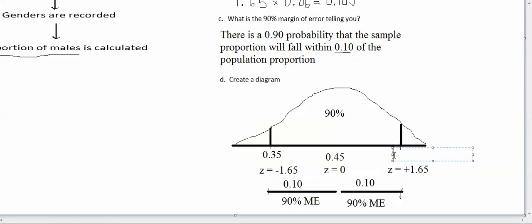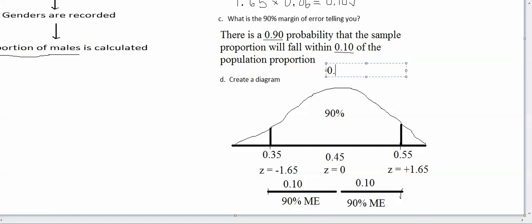That goes right here. So there's a 0.90 probability, or a 90% chance, that the sample proportion will fall between 0.35 and 0.55. There's a 0.90 probability that the proportion of males in the sample will be somewhere between 0.35 and 0.55.